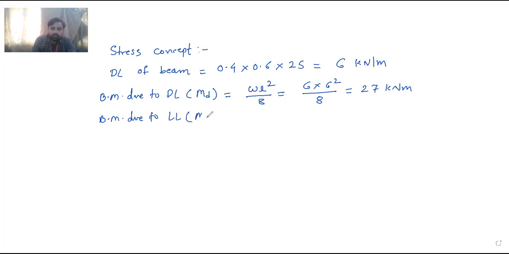Then we will calculate the bending moment due to live load. Okay, that is ML. So point load is given. So it is WAB by L. It is acting at the center. So what is the magnitude? 180 kilonewton. So it is 180 into 3 divided by 6.